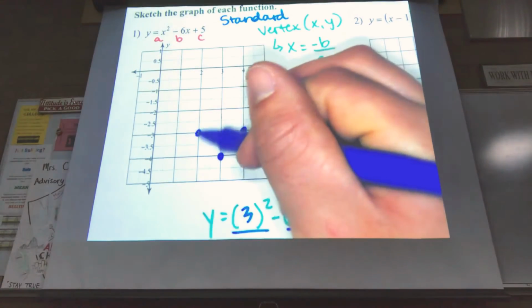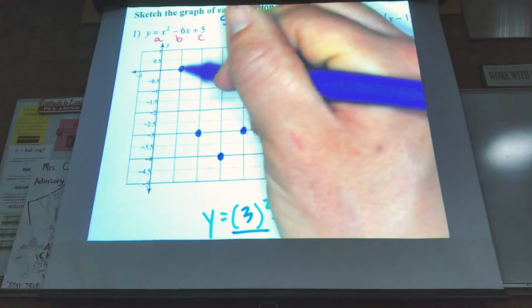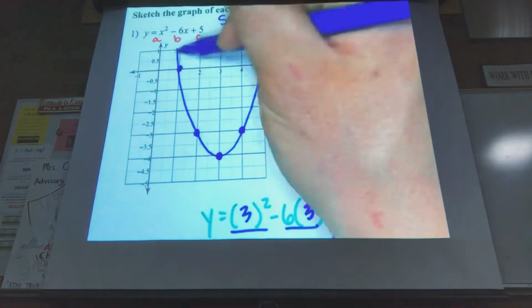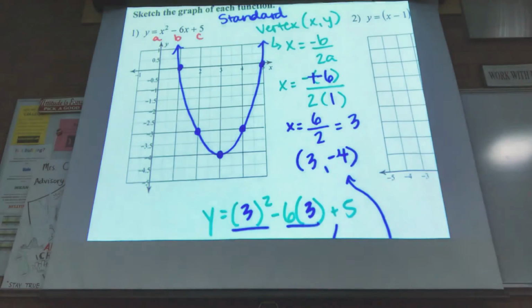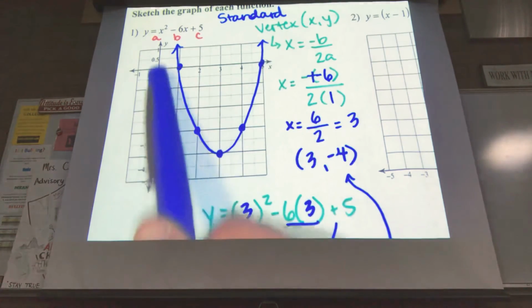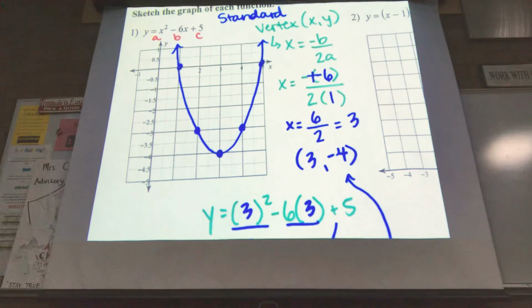Connect those points with a solid line, and we are good. That is graphing in standard form. We actually had to solve to find the vertex for standard form, but this is what your quadratic graph should look like.